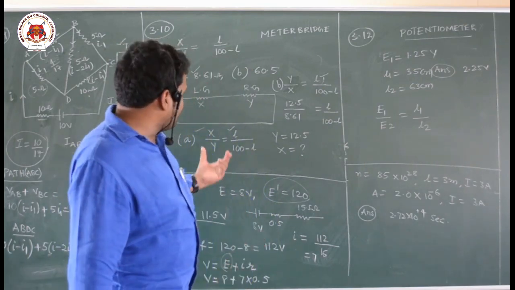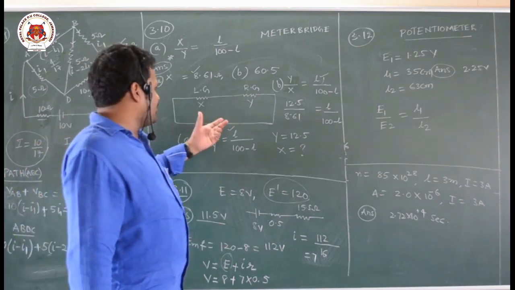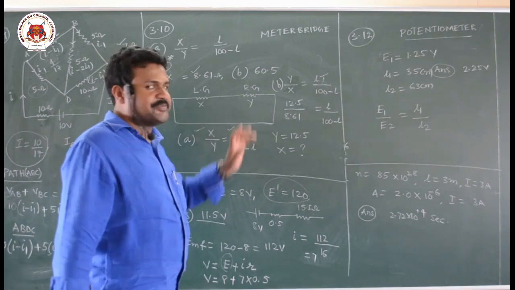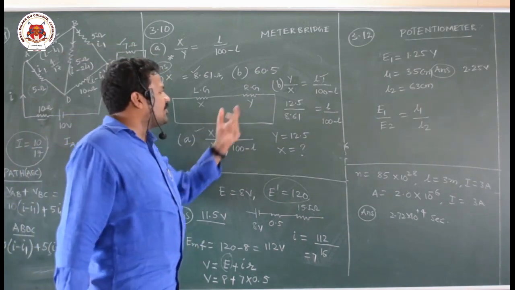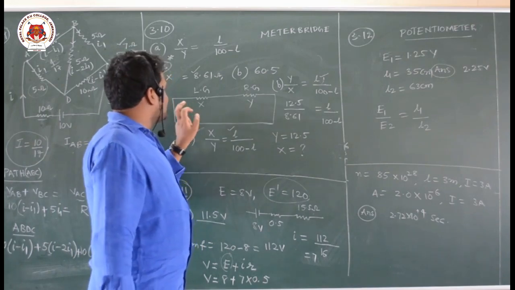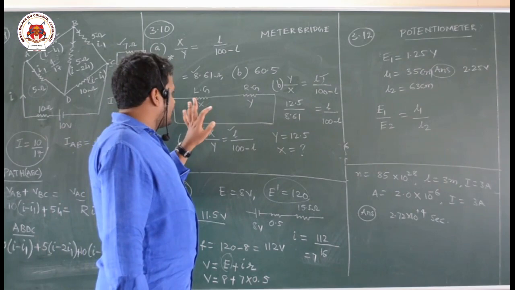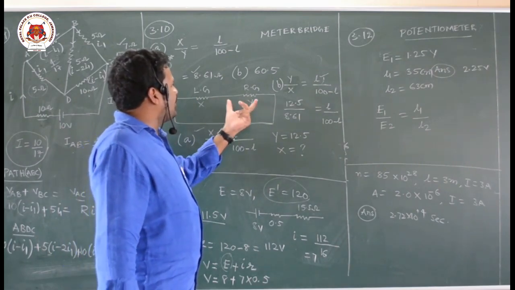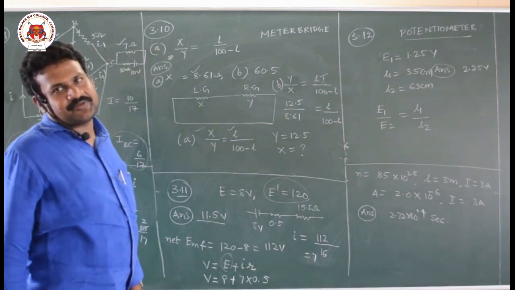By using a meter bridge also we can find unknown resistances. Some people ask what is the use of a meter bridge. Suppose you manufacture a new wire, that wire will have some resistance. To find the resistance of that wire, you take a known resistance in the left gap, say X, and you take your new wire as Y, then find the balancing point, and then you can find the resistance of the wire.